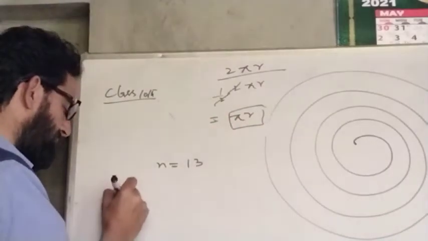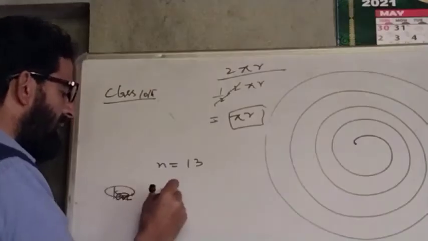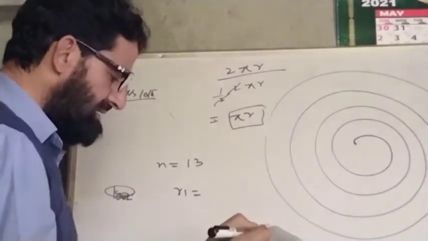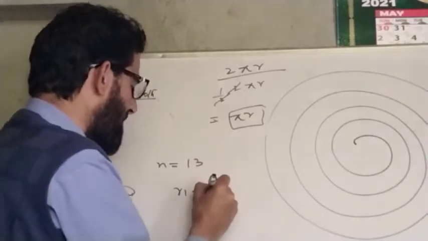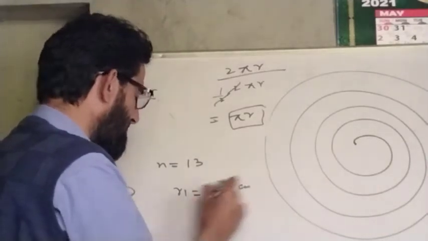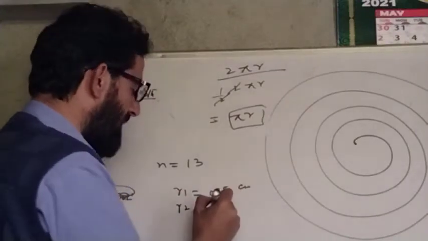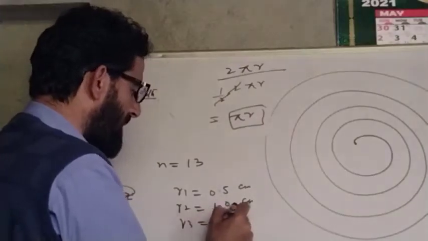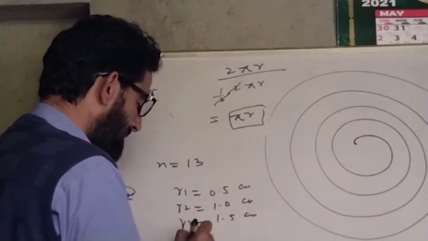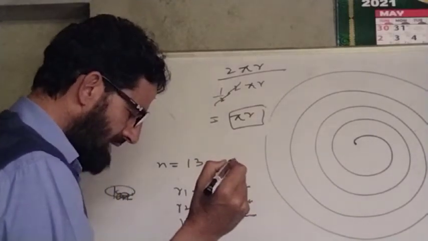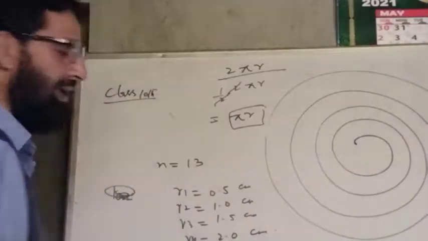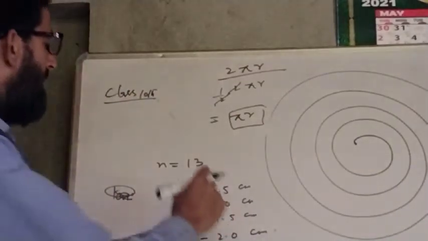Therefore, what is the radius r1? It is given that r1 is 0.5 centimeter, and r2 is equal to 1.0 centimeter, r3 is equal to 1.5 centimeter, r4 is equal to 2.0 centimeter. So these are the radii. And what is the length of one semicircle?